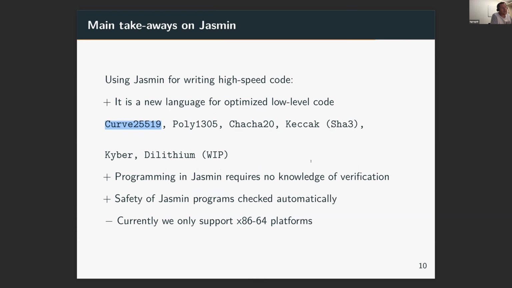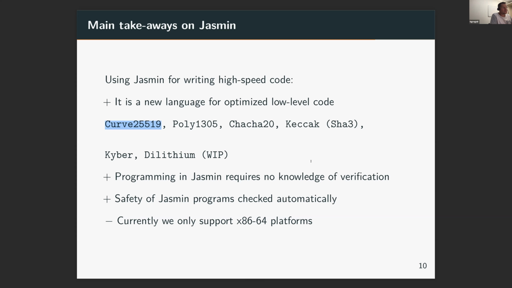But it's clear that you need some knowledge of assembly to write it, okay? Because I view it a little bit as a macro language to write assembly. So it's important to understand assembly when you want to write a Jasmin program.